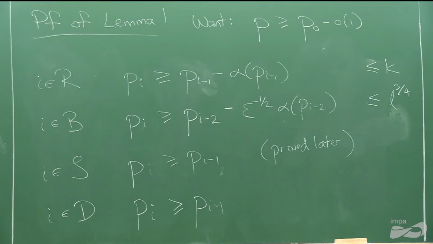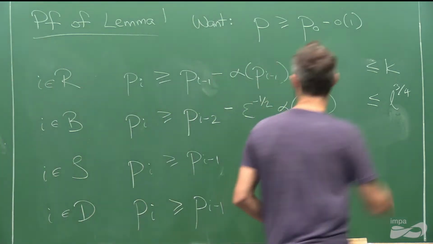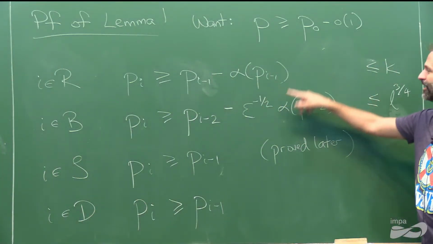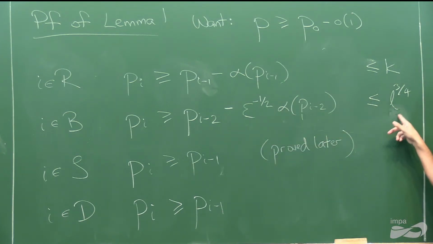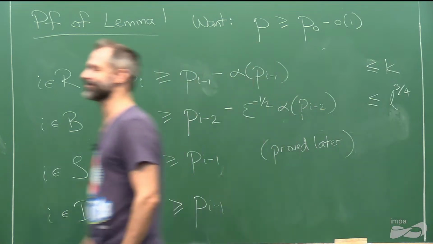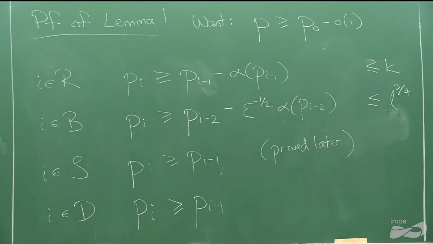And this little one is like root epsilon or something like this? It's actually epsilon. Yeah, because there's an epsilon here, and you're saying, oh, but there's a root epsilon here, but actually there's only this many steps. Yeah, you win by more. And actually, even that is overkill.